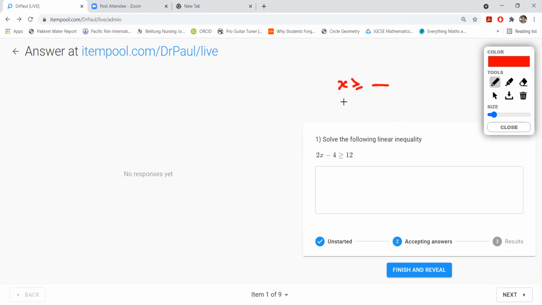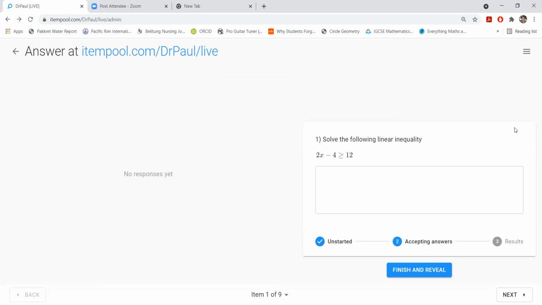But if you can't do that symbol, you'll have to do greater than and then put an equal sign like that. And if it's less than or equal to, then just do it like less than and equal to like that. Same thing. Okay, so try that. Okay, I'll accept your answers now. So see if you can do that one. X something. All right, try that one. Oh, one answer already. It's pretty easy, these ones.